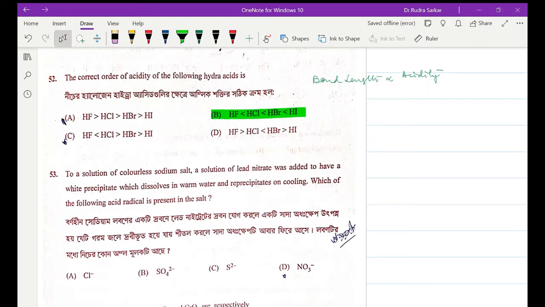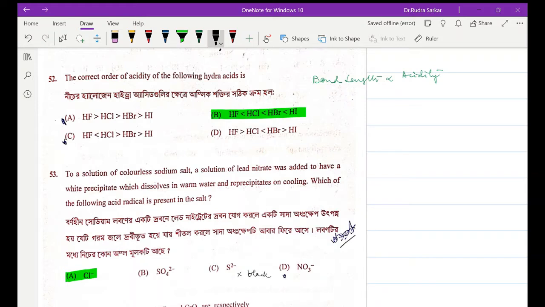To a solution of colorless sodium salt, lead nitrate was added to give a white precipitate which dissolves in warm water and reprecipitates on cooling. Which of the following radicals is present in the salt? Now out here the answer should be lead chloride. PbS over here is black.